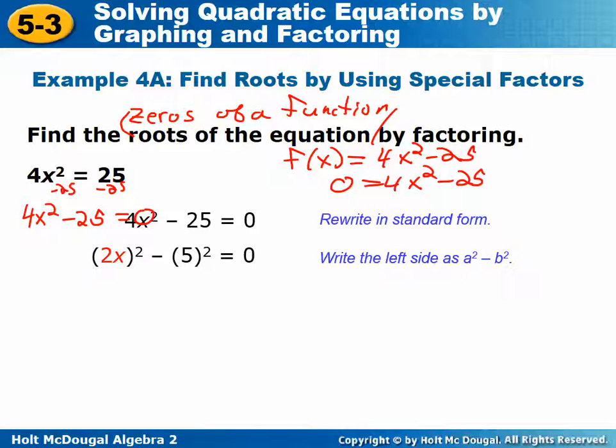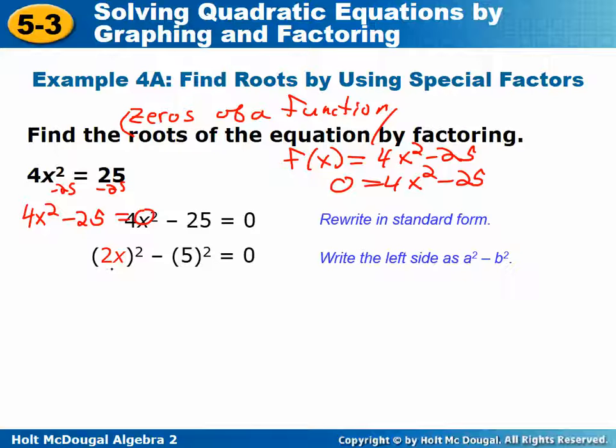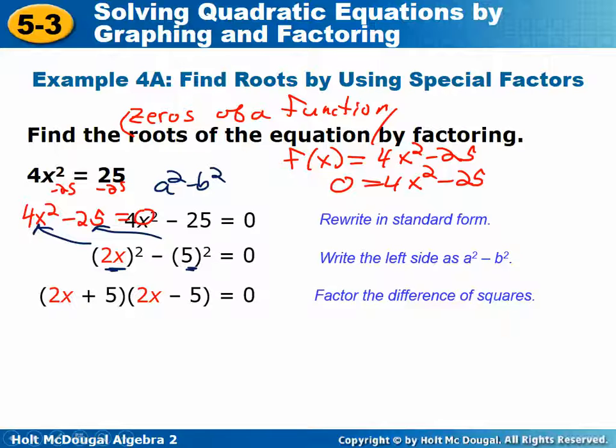And in this one, they're saying, well, hey, this is something squared minus something squared. So you need to figure out what is being squared in each part. If we took 2x and squared it, we would get 4x squared. If we took 5 and squared it, we would get 25. So it's in the form a squared minus b squared, which means that you can factor it as the special factor of a minus b, a plus b.